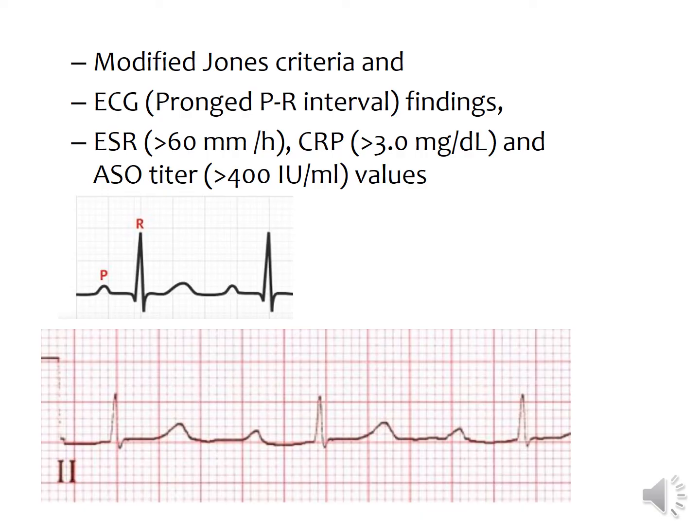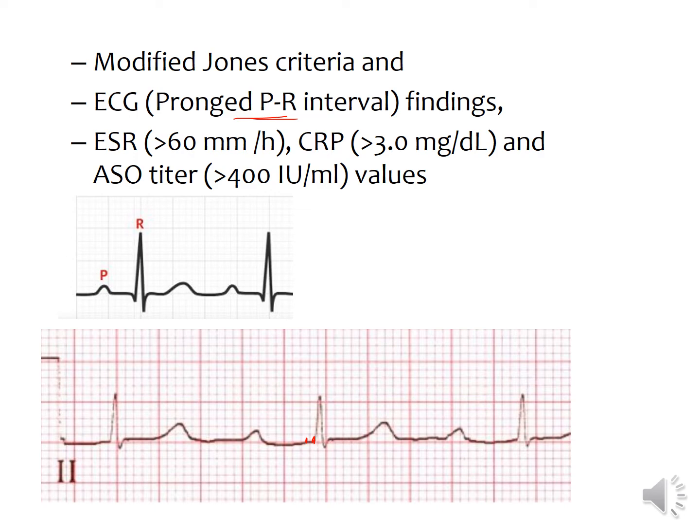Along with the Jones criteria, the ECG findings will show a prolonged PR interval. See, this is the normal PR interval. But if you see here in this particular case, the PR interval has been prolonged.